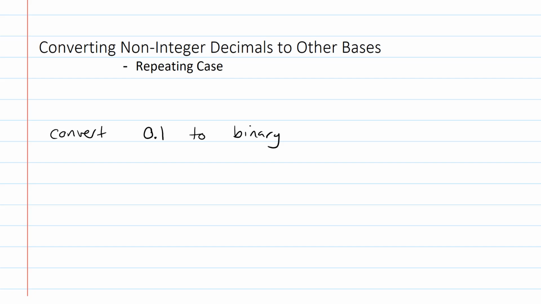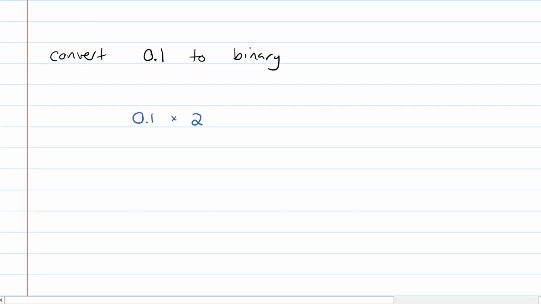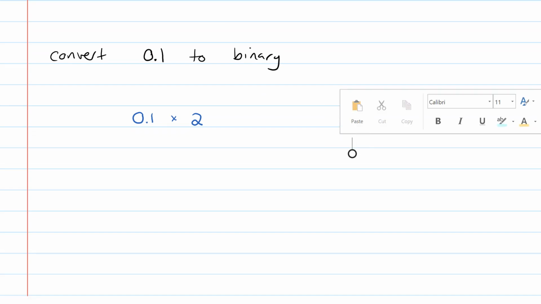We're going to use the method of repeat multiplication, and so we're first going to write 0.1, and we're going to multiply it by the base that we're converting to. We're converting to binary in this instance, so we'll be multiplying by 2.